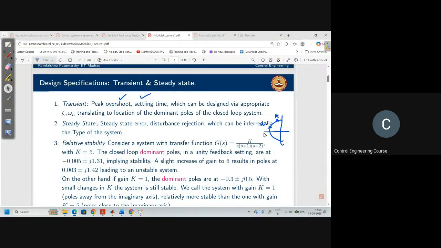Clear? That's why we are sometimes also focused on relative stability. In terms of frequency response, we already captured these parameters using gain margin and phase margin. In the last class, you might have learned all these things. So relative stability is captured by means of gain margin and so on.